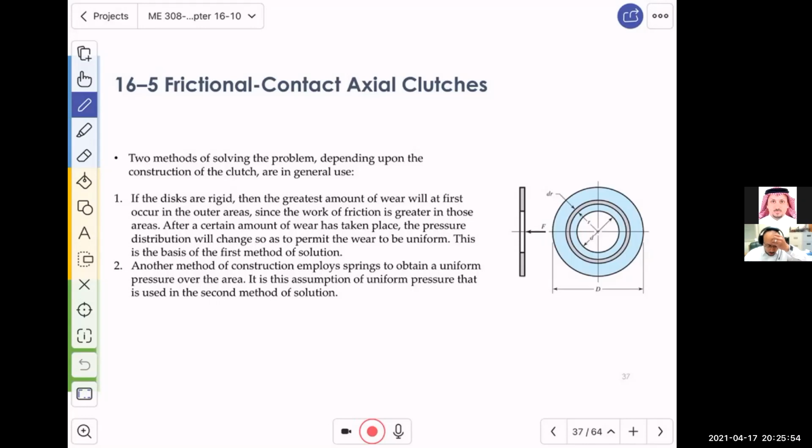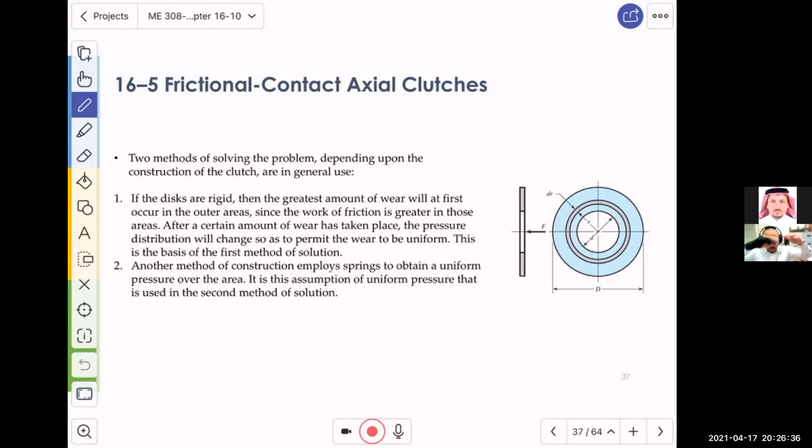In the first one, we say that the disk is rigid, or if there are multiple disks, they are rigid. Then the greatest amount of wear will at first occur in the outer areas of the disk. Why? Because the angular velocity is the same, but the linear velocity will change, and it will be maximum at the most outer layer.